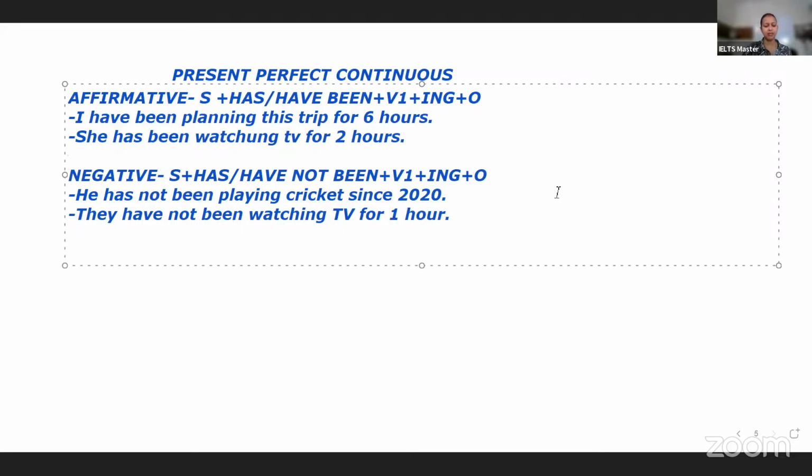Correct. If it is the case of interrogative, we will be using has, have, subject plus been plus gerund plus object.